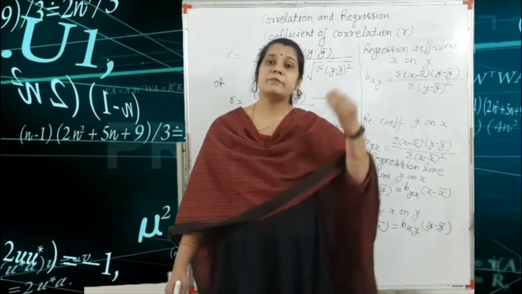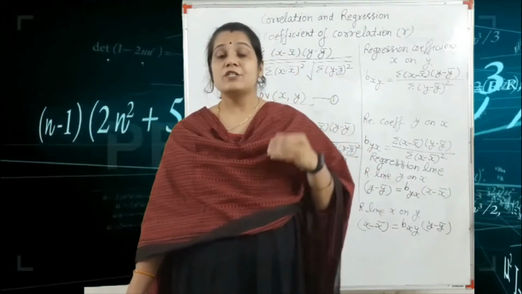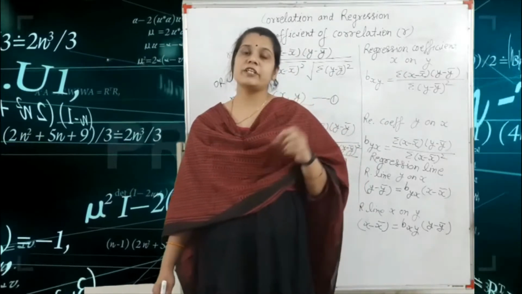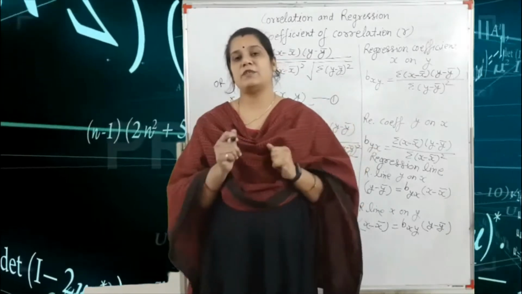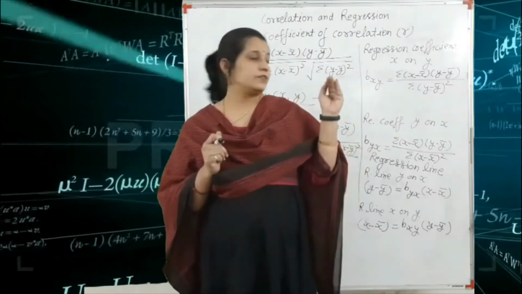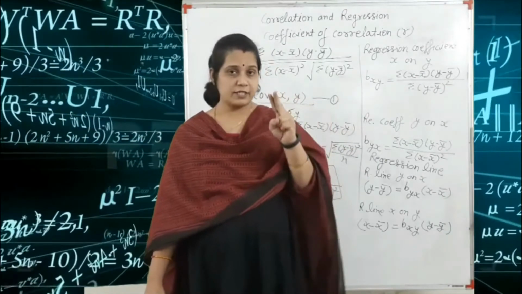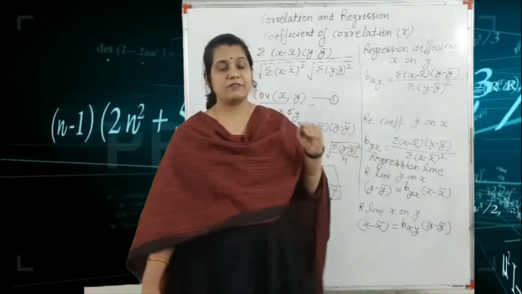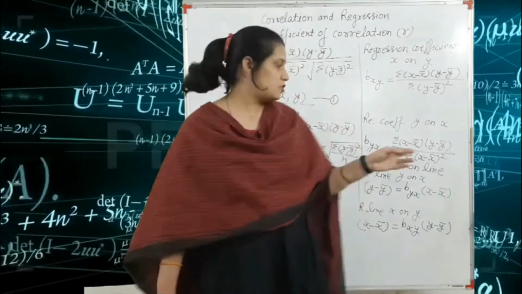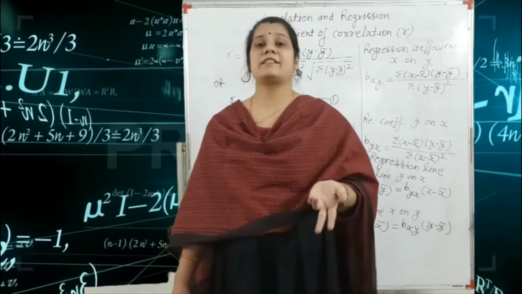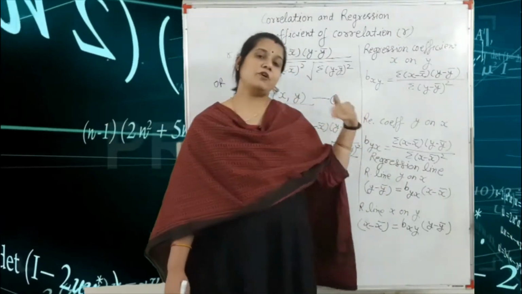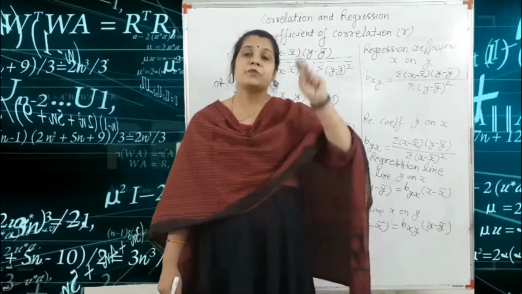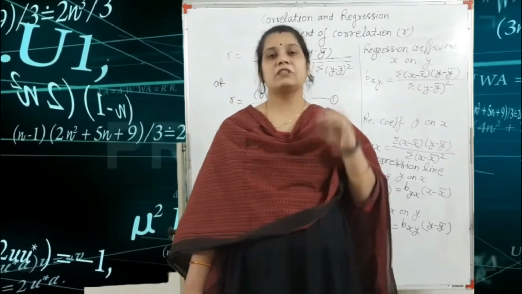Next one is the properties of the regression coefficient. The first property is very important: the regression coefficient always lies between -1 to +1. Two regression coefficients always have the same sign.